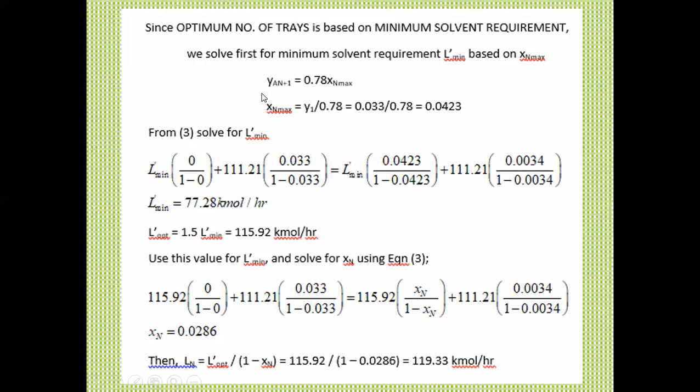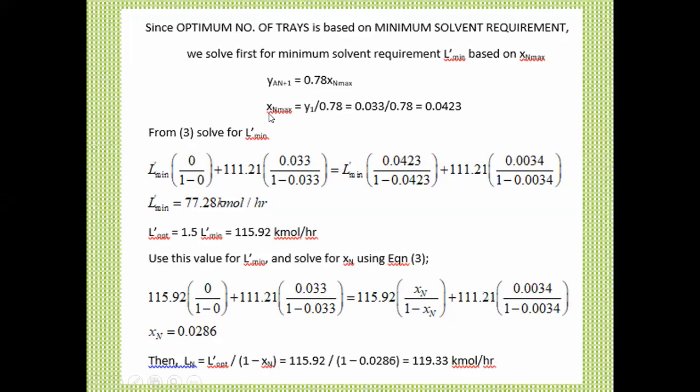Now, the problem gives us this equilibrium relationship at the start. So YA n plus 1 is equal to 0.78 X sub n maximum. Now, in order for us to know the X n maximum, we need to use this particular equation here. Y1, or that would be YA1, divided by 0.78, I transfer the 0.78 here, will give us an X n maximum of 0.0423.